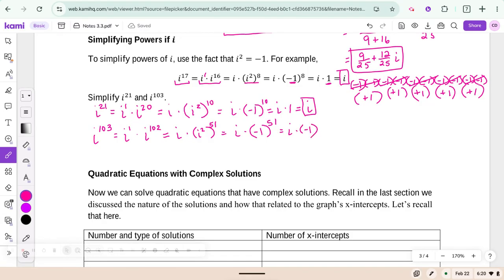So negative 1 to the 51st power is negative 1, and i times negative 1 is negative i. It turns out when you're finding powers of i, you'll either get a positive i, a negative i, a positive 1, or a negative 1. Every power of i is one of these.